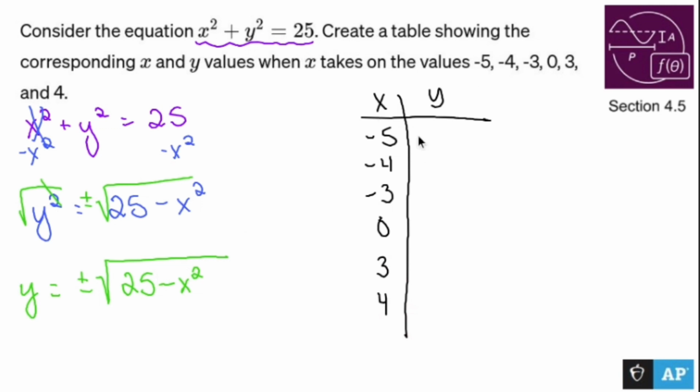If I plug in -5, I would get -5 squared, which is positive 25. So let me actually show the math for just the first one so you can see the math being done. Plus or negative, the square root of 25 minus -5 squared. -5 squared becomes 25.